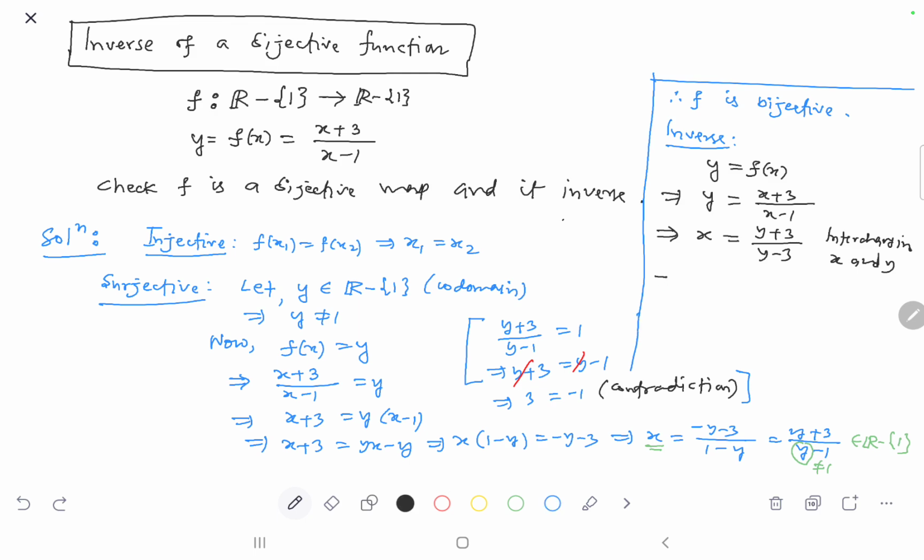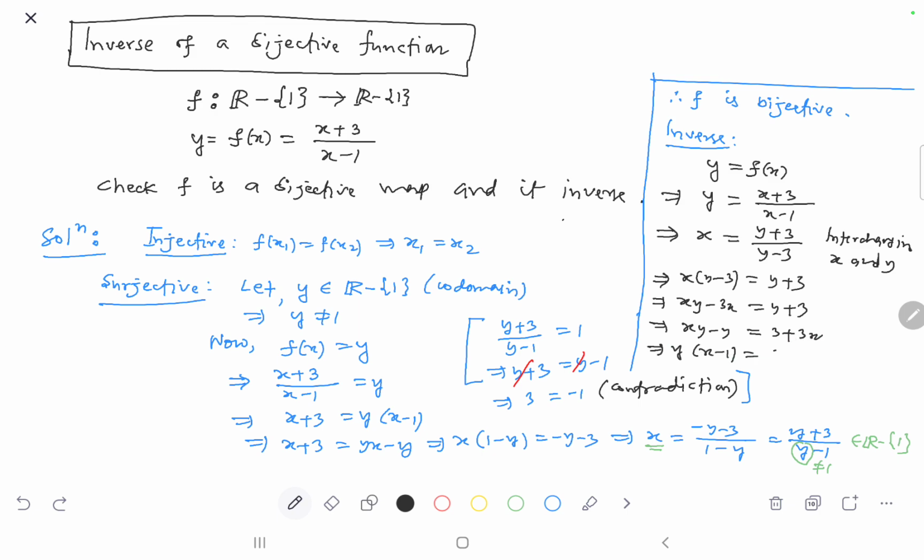So what do we get if we solve for y? x times (y minus 1) equals y plus 3. So xy minus x equals y plus 3, so xy minus y equals 3 plus x.